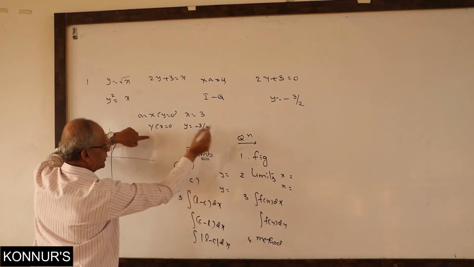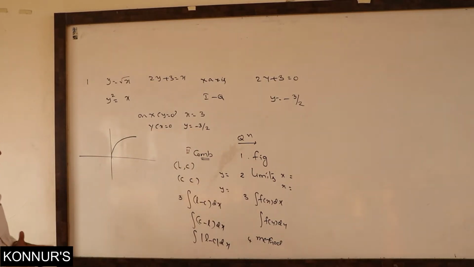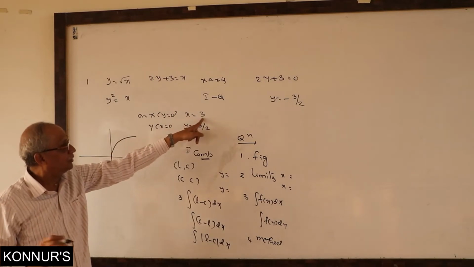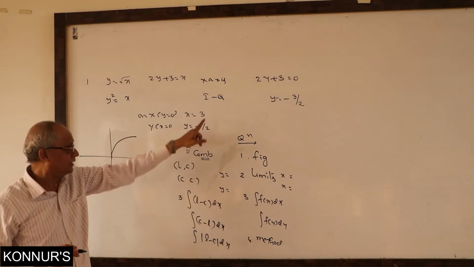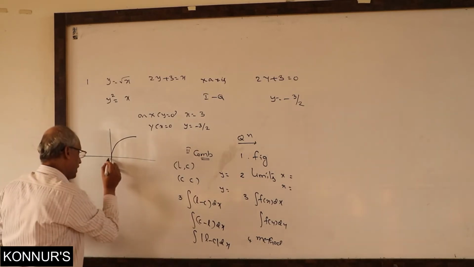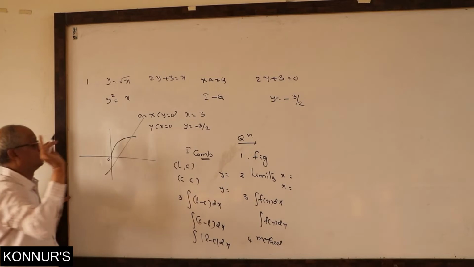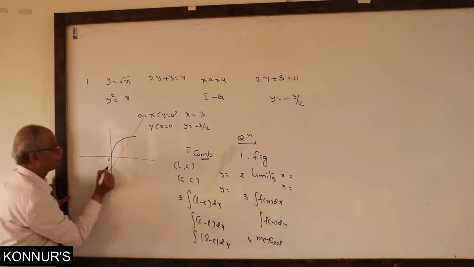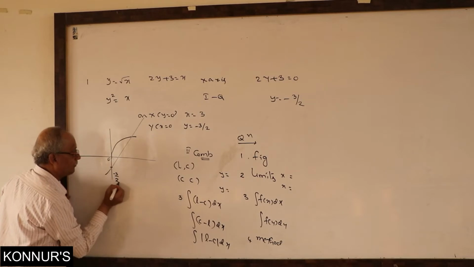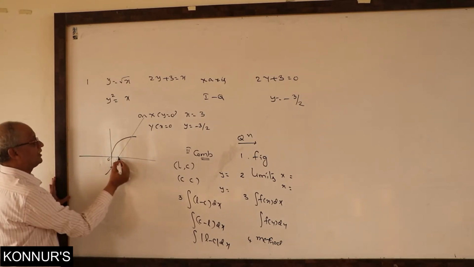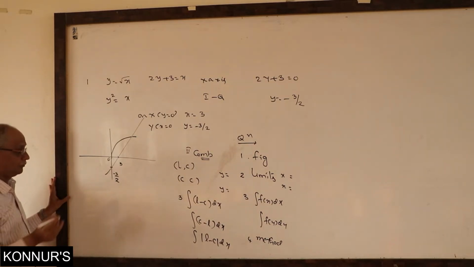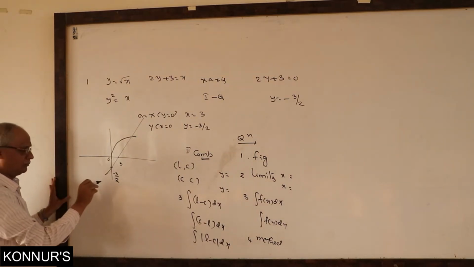Now you can draw the straight line. How do you draw it? Cutting the x-axis positively at 3, cutting the y-axis negatively at 3 by 2. Now it is clear. This is the origin. Here this is minus 3 by 2. This is actually 3. What is the total area actually meaning?